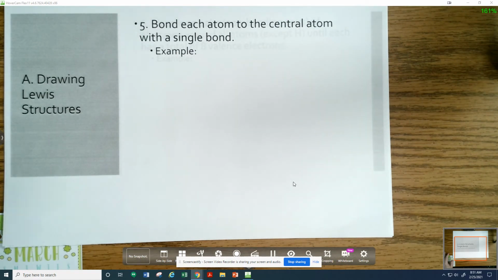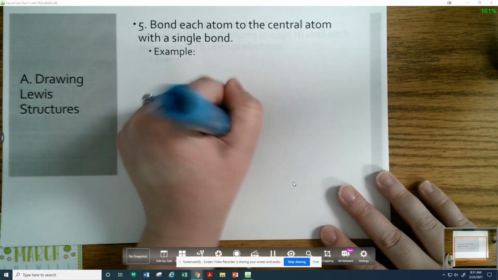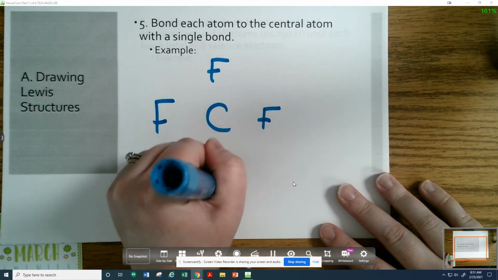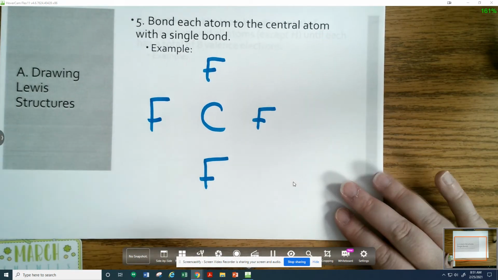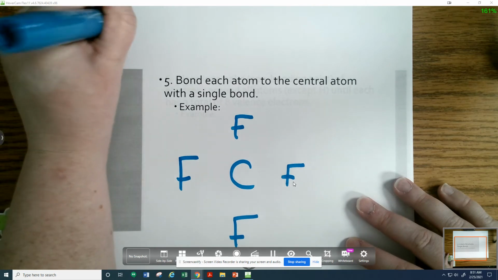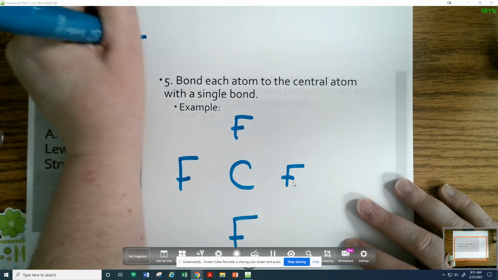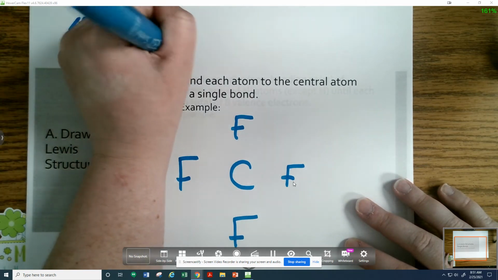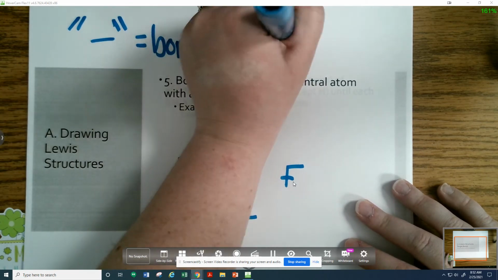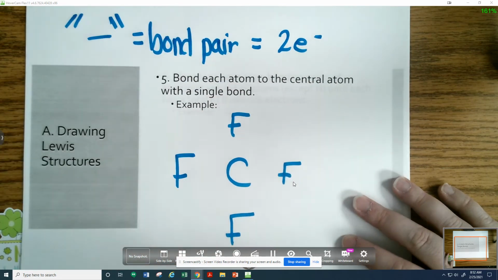All right, so from there, we have to represent that electrons are being shared. So we're going to take the drawing from up above, but we're going to change it in this step. What we're going to add is a dash. That dash represents a bonded pair of electrons, and a bond always consists of 2 electrons.